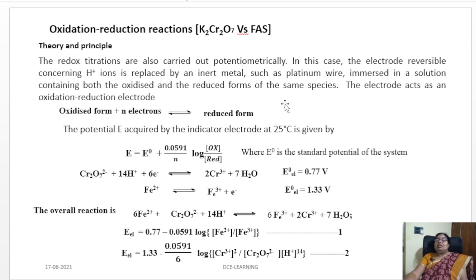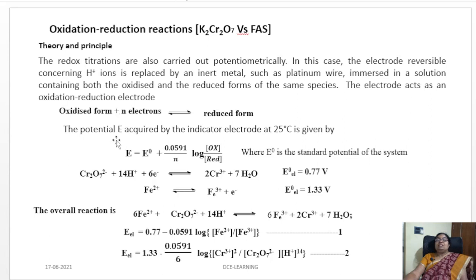So the indicator electrode is dipped in the solution containing the oxidized and reduced forms of the iron. The electrode acts as an oxidation reduction electrode. The oxidized form accepts electrons and becomes the reduced form.